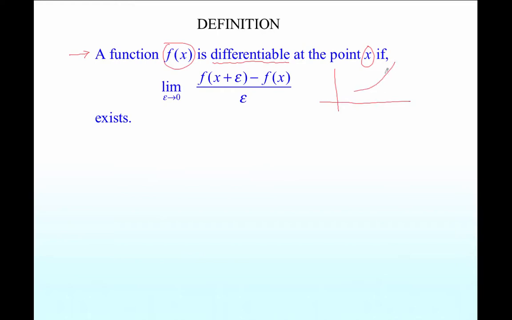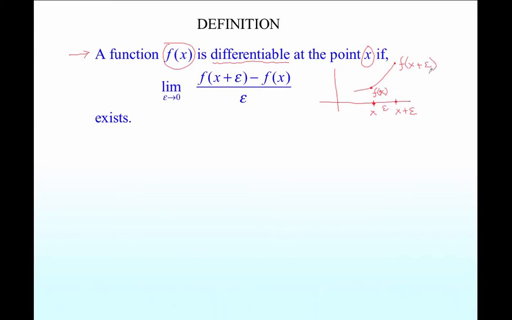Here is some curve. Here is the point x, and here is x plus epsilon. Epsilon is some small number which will keep getting smaller and smaller. So epsilon is the distance between here and here. At this point, the value of the function is f of x, and at this point, the value of the function is f of x plus epsilon.